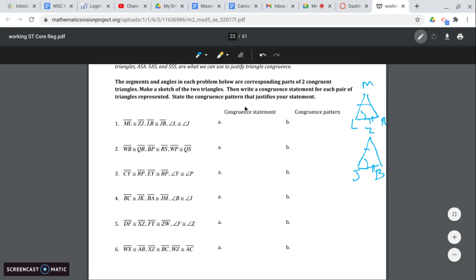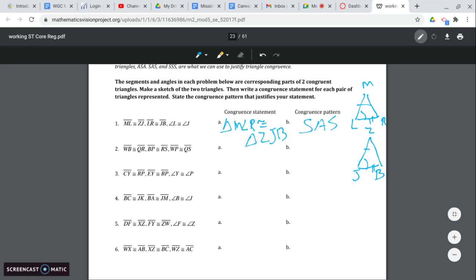So our congruent statement is triangle MLR is congruent to triangle ZJB. And its congruence pattern is side, angle, side. Because we have an angle in between two congruent sides that we also know is congruent.